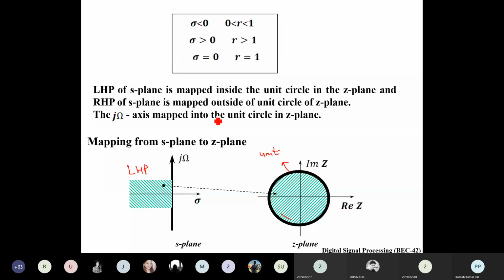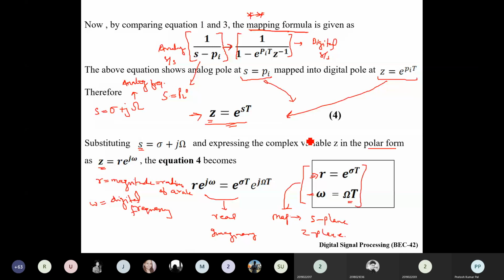Consider sigma here: if sigma is less than 0, what will be the value? This r value will range from 1 to 0.